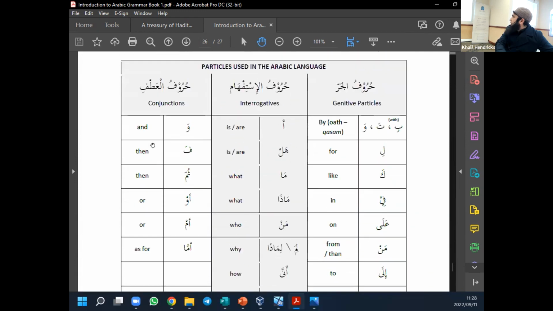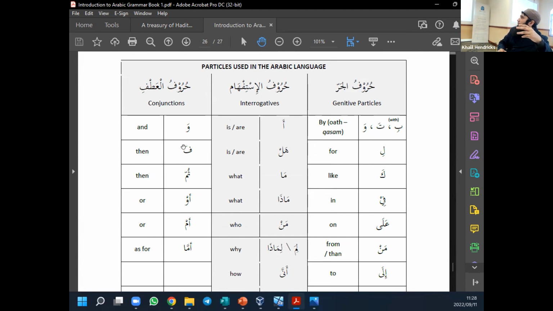Page 26. Here's a list of the huruf that form an atf construction, right? So if you have any of these particles before a word, then you know the word that comes after it is going to be added to something.